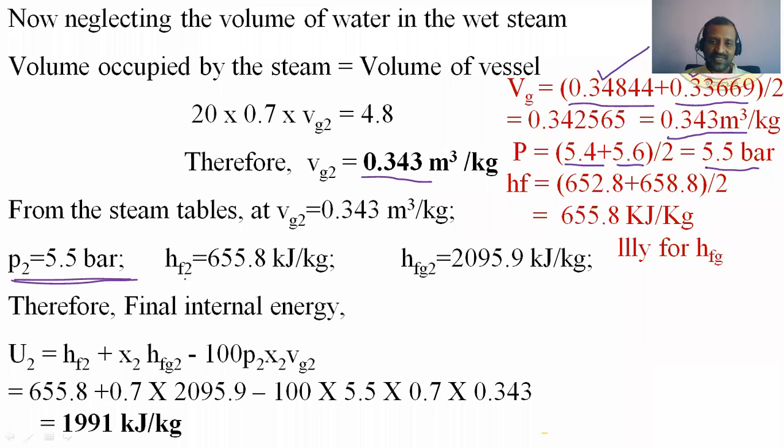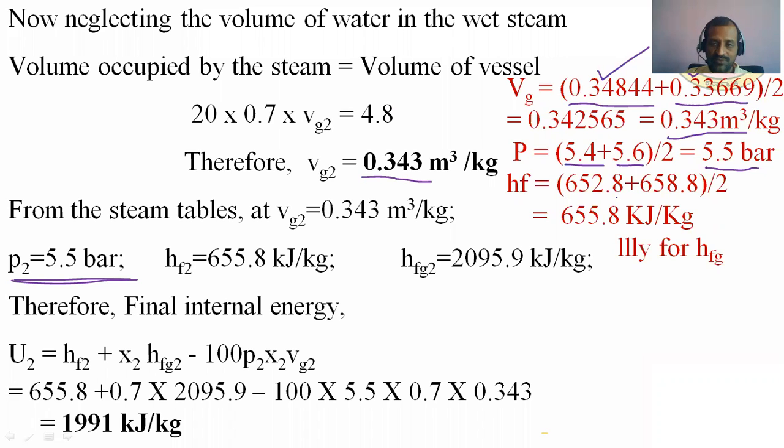Similarly, HF is there. So this HF also I have taken average. So HF average means first you have to take 5.4 and along the 5.4 you move horizontally. So when you come there, HFG value is 2000, HF value is 652.8.